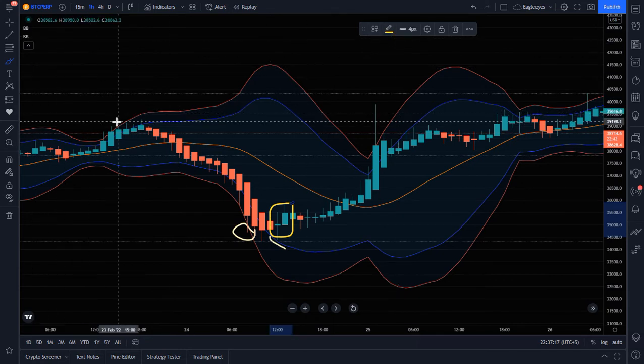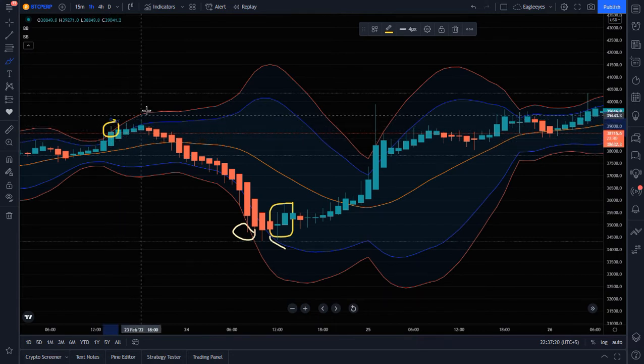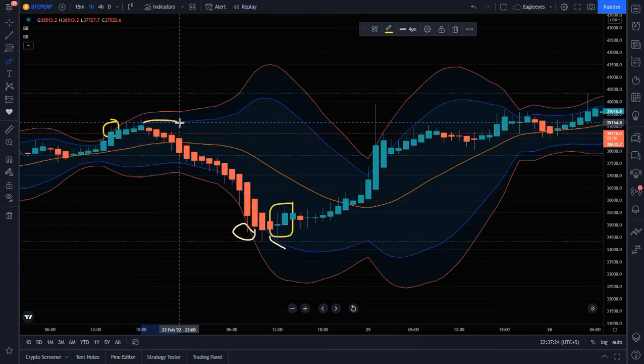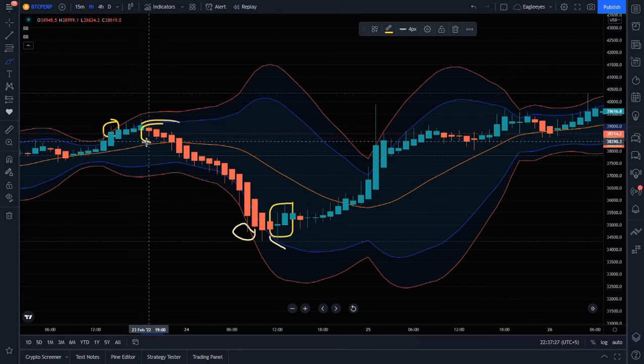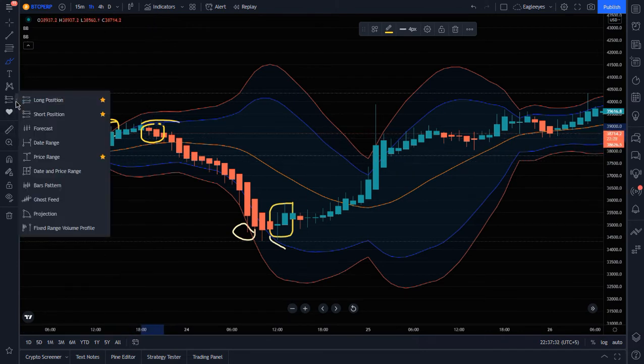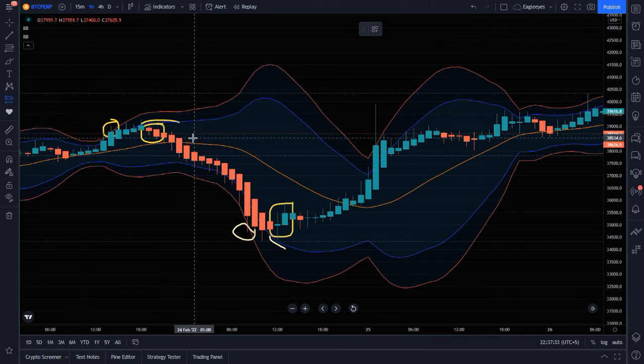What I mean by close is that when a candle closes inside the second Bollinger Band, these candles should not be the green candle in case of short. Like here you can see we have red candles. If they were green, we would not take that trade.